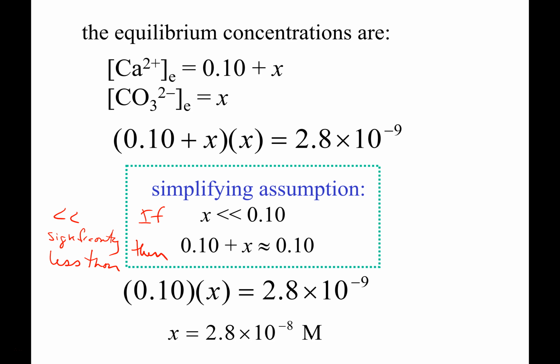The other thing is, I think our assumption was valid. In other words, is 2.8 times 10 to the minus 8 sufficiently smaller compared to 0.1? I'd say yes. If you take 0.10 plus this number, you're not going to see any change because you can only keep 2 decimals anyway.